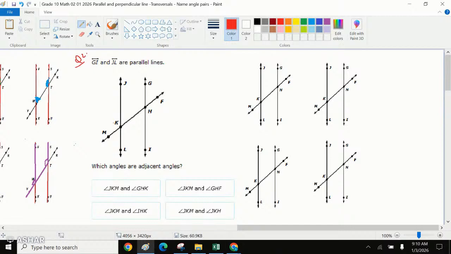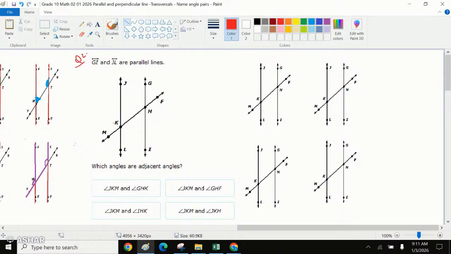Okay, so let's see what can be for adjacent. If we are looking at the first option, the term adjacent means that they are next to each other, right? So let's see over here which 2 angles are adjacent.